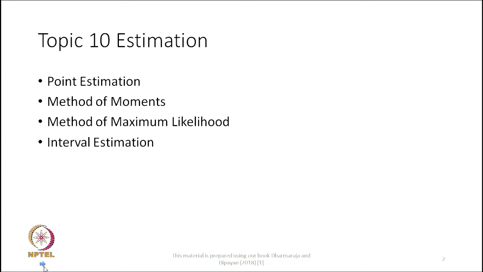Already we covered two lectures, one on point estimation, definition and properties and a few examples, and in lecture 2 we discussed two important methods of finding the estimator, that is the method of moments and the method of maximum likelihood. And one or two examples also we discussed in that lecture 2.